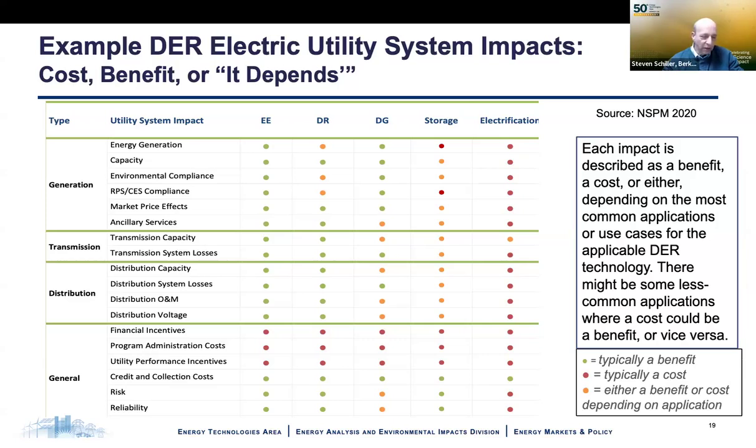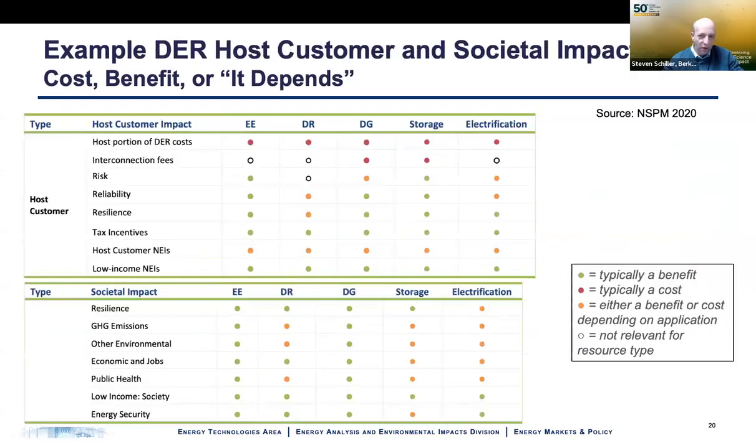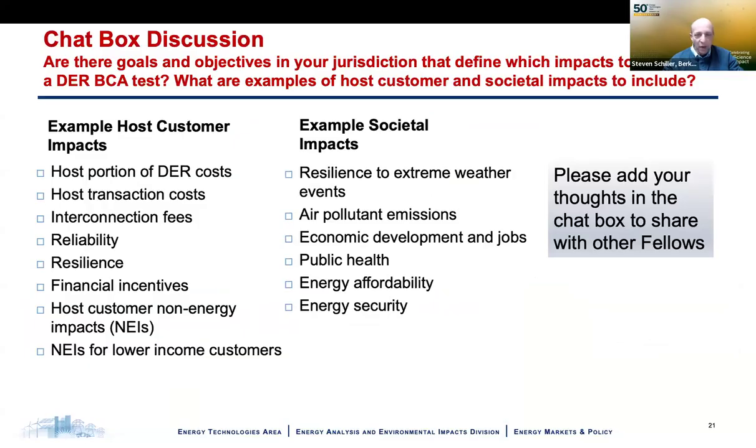And again, the NSPM has a great deal of information about these different impacts. It really can be a starting point for deciding which ones you want to have for your utility system impacts, for your host customer, and your society, as these show here. So I'll leave this one with you as we keep moving.